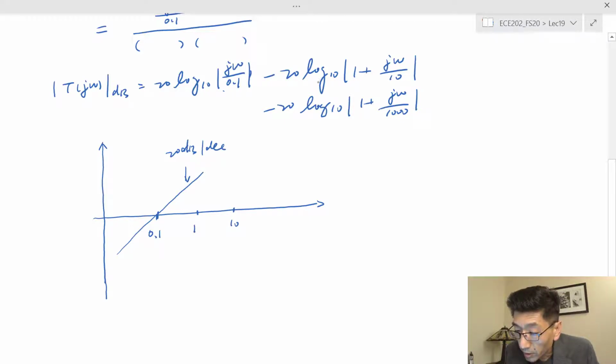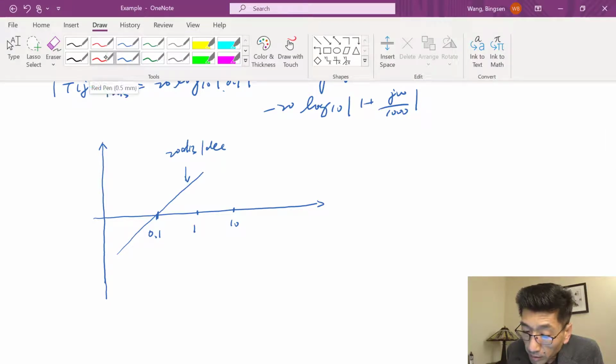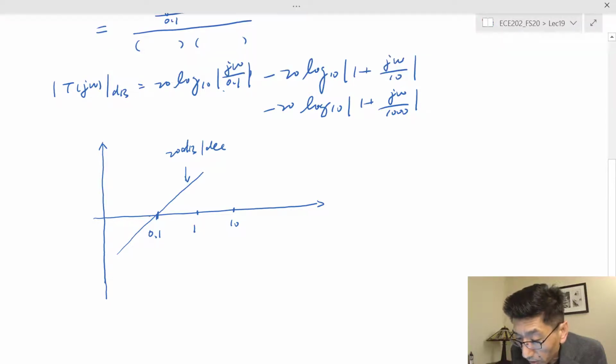The second one is negative 20 dB per decade. Maybe I should change the color for these; for the second one, let's use red. So I have a second term that rolls off at negative 20, which is the negative 20 log base 10 of 1 plus jω over 10.